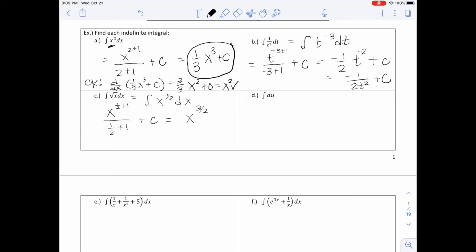And usually when we do these, we leave our exponents as improper fractions. And then 1/2 plus 1 would also be 3 over 2 plus c. We can, from here, multiply both top and bottom by the reciprocal of the denominator and multiply by 2/3. And we end up with 2/3, and we have x to the 3 over 2, which is going to be the square root of x to the third plus c.